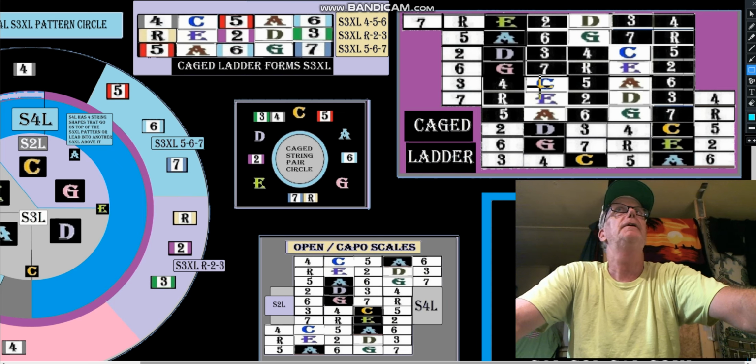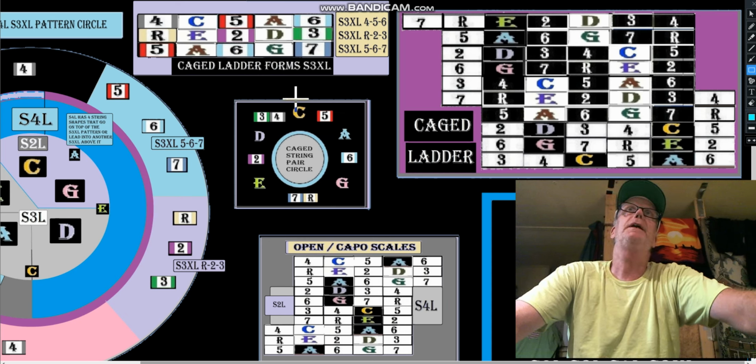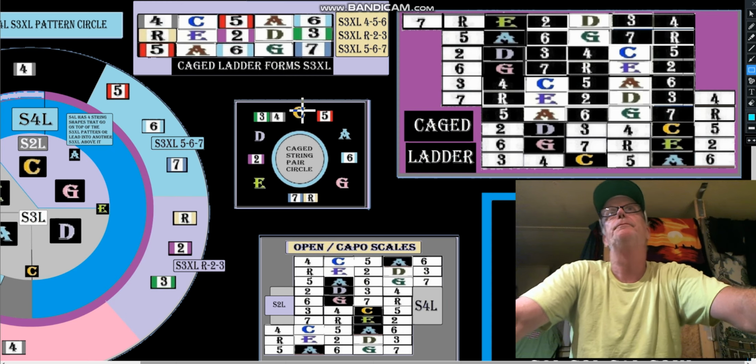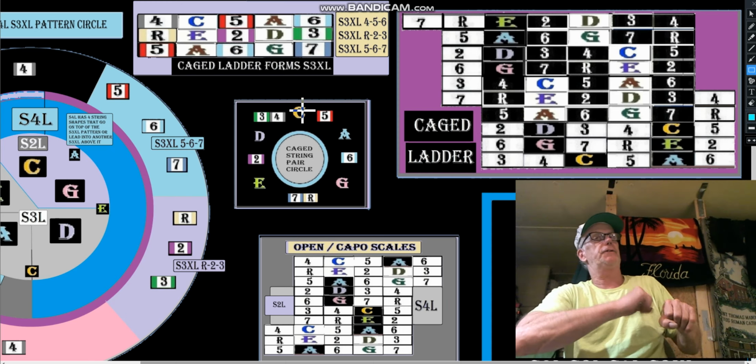Wait a minute, G is the fifth of C, and C is the fourth of G. Start on C, we're going to use the caged word now, and we just skip every other letter. So fifth of C is G, fifth of G is D, fifth of D is A, fifth of A is E. The fifth of E is B, but we augmented back to C just to get back in the orbit there. Use a little retro rockets there.